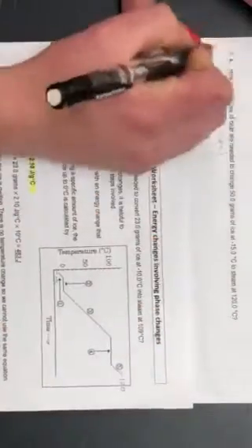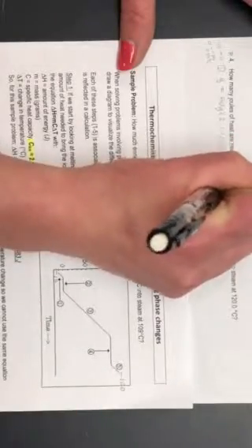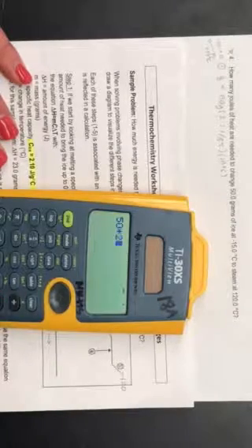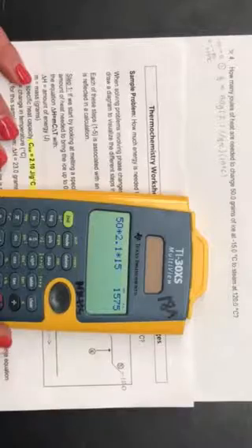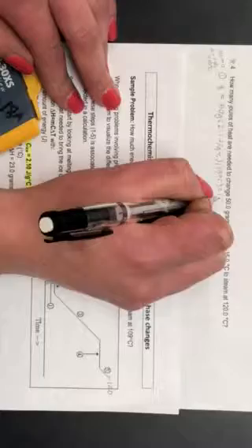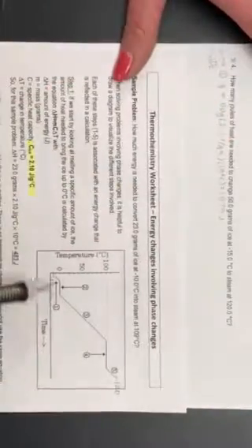Then by the temperature change, so because this is negative 15 degrees to 0, 0 minus a negative 15 equals 15 degrees Celsius. So we get 1,575 joules.